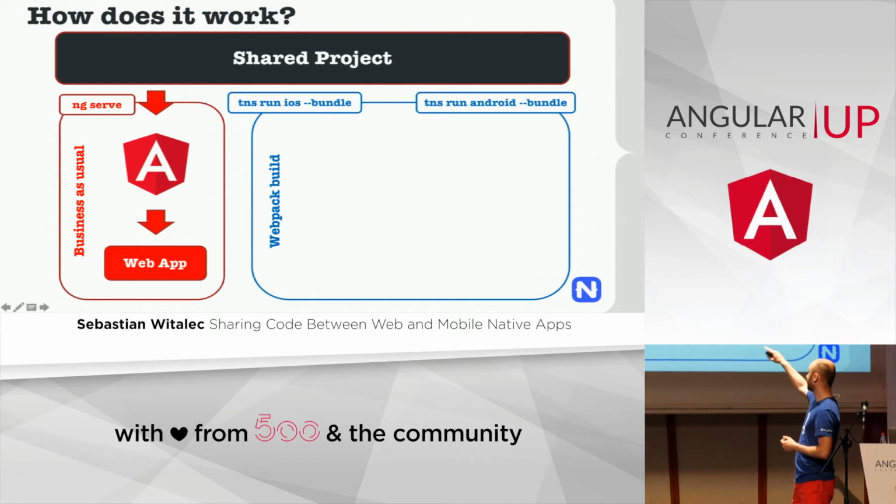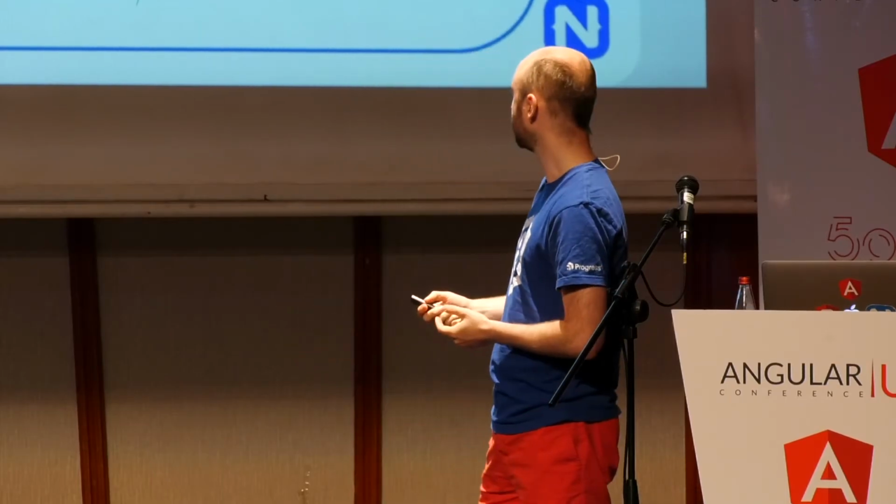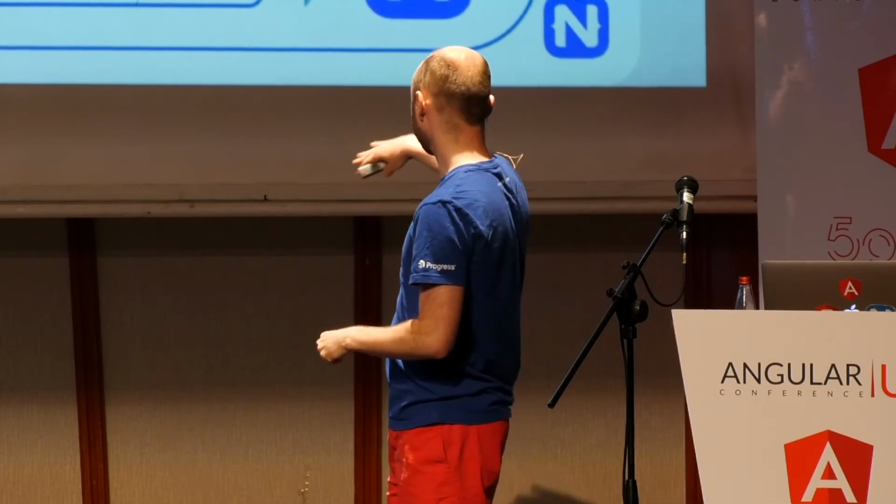You would call tns run ios --bundle or android --bundle, and this will work in two steps. The first step is we run Webpack. Webpack is clever enough to see there is a TNS file, so it ignores the web file. Then in memory, it recreates a NativeScript project structure and passes it on as the next step to the NativeScript builder, which will give you an Android or iOS app.